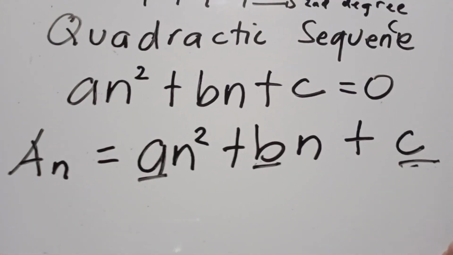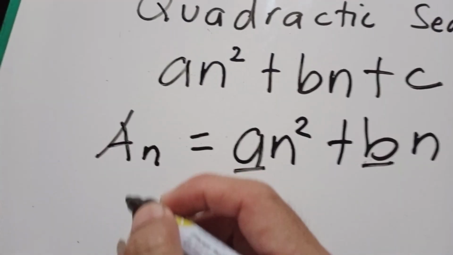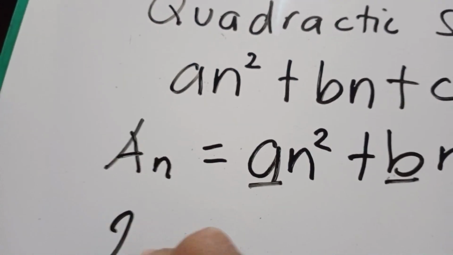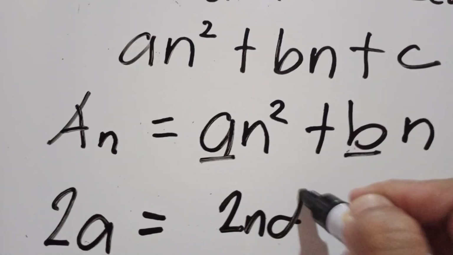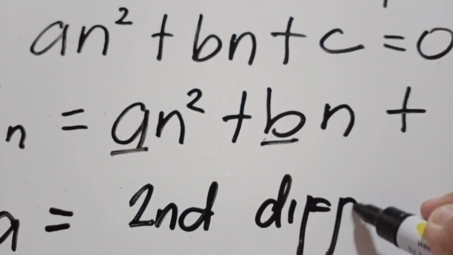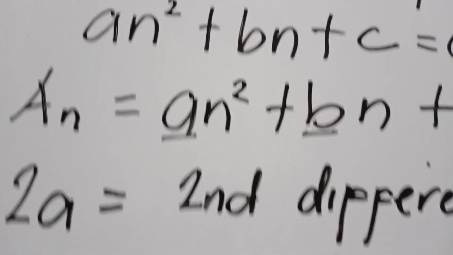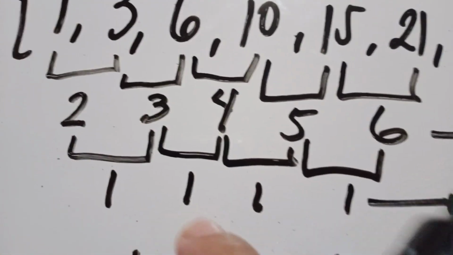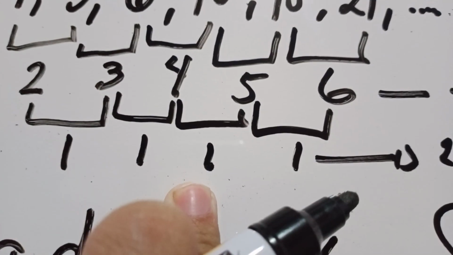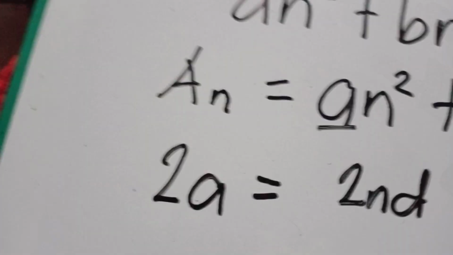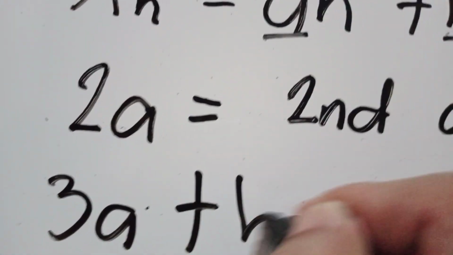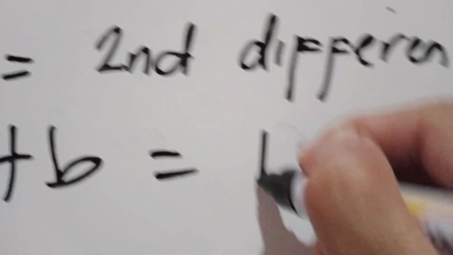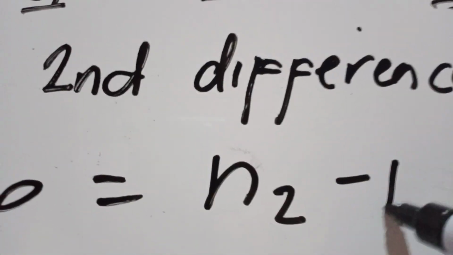We have three equations to use. The first equation is 2a is equal to the second difference, which here is 1. The second equation is 3a plus b is equal to a sub 2 minus a sub 1.